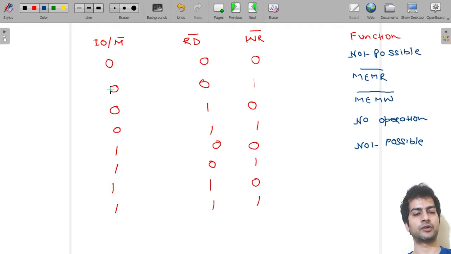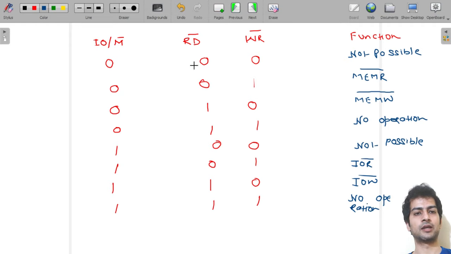Here it is 1, so we are dealing with input. So it will be input output read, and this will be input output write. And here again 1 1, that is no operation. So this is the table.